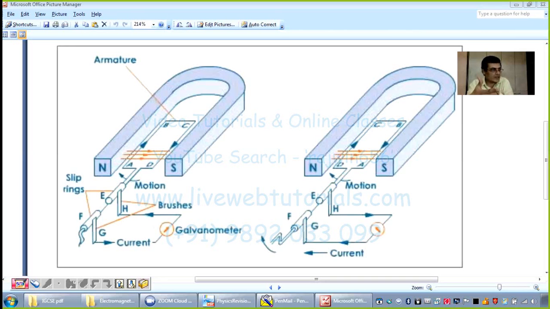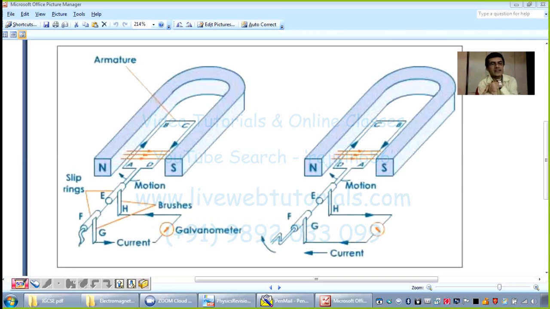Now I'm going to apply this particular rule to the coil that is given over here on the screen. Obviously you can see here the north pole is on the left hand side, so my finger is going to come this way. This is the direction in which the north pole is pointing. Suppose I am assuming that the coil is rotating in the clockwise direction.